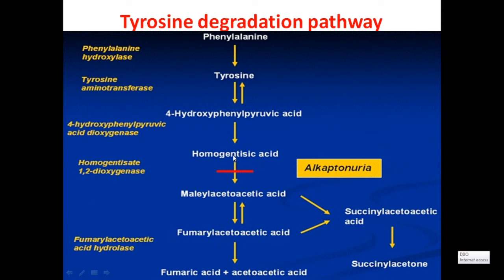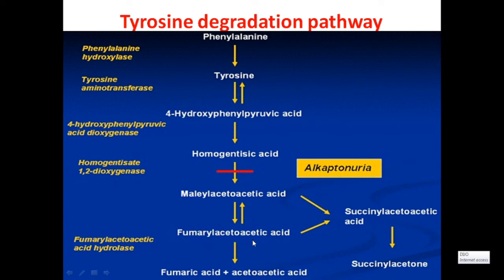Then again homogentisate is converted into maleylacetoacetic acid in the presence of homogentisate 1,2-dioxygenase. Again the maleylacetoacetic acid is converted into fumarylacetoacetic acid.